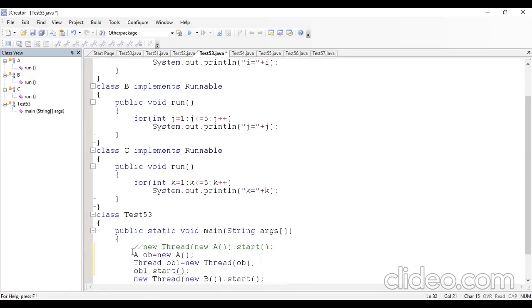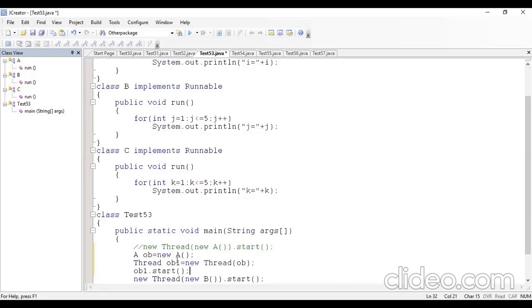because the start method is defined under the Thread class. It is not defined under this Runnable interface. That's why, when we are implementing this Runnable interface, we must create an object of a Thread class, and we have to pass the object of that Runnable-implemented class as a parameter to that Thread constructor.